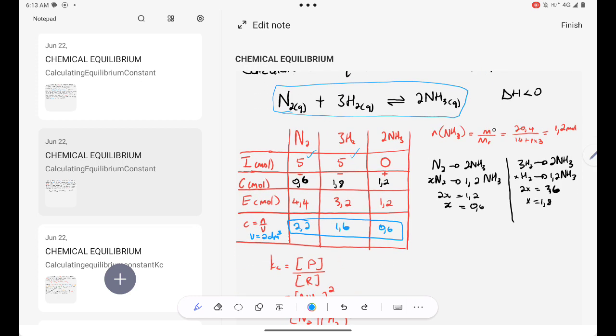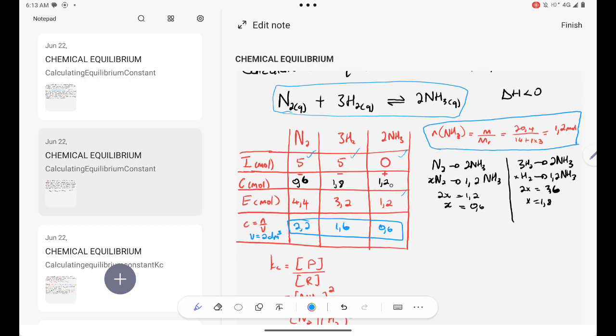We changed that mass into number of moles, and we got 1.2 moles of ammonia. Initially I had 0, but now at equilibrium I have 1.2. That means my reaction has produced 1.2 moles.